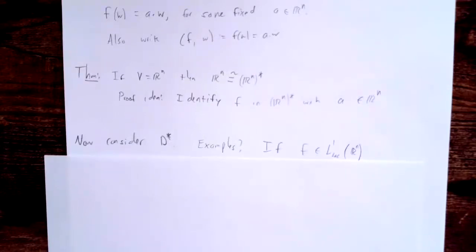So can you think of an example of an element in the dual space? Can you think of an example of a function that takes C infinity with compact support as an input and gives you a real number as an output? What might such an element of the dual space look like?